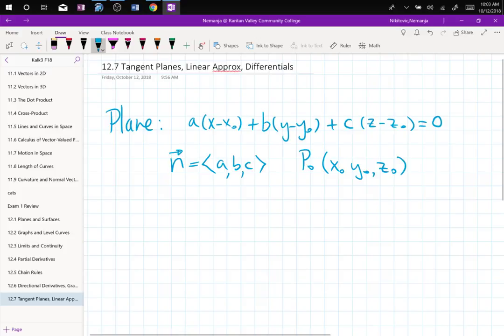So those were the specs of the plane from before.